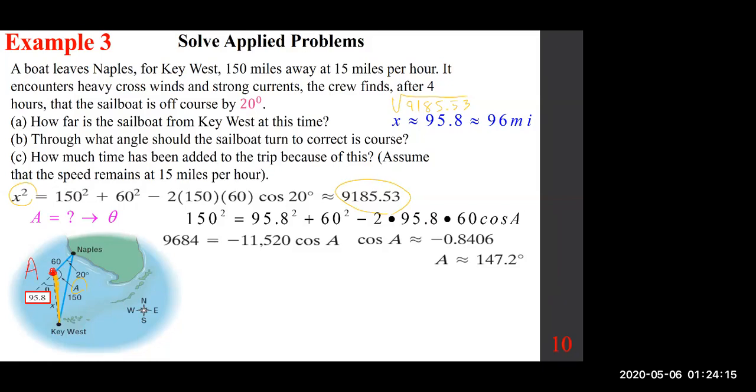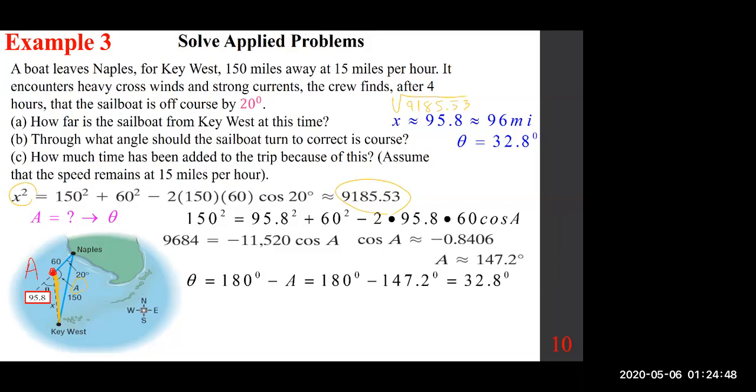Now that we have A, what is theta? 180 minus A. 180 minus A. And so that's theta. So we got theta to be 32.8. Okay. So that's part A and part B.